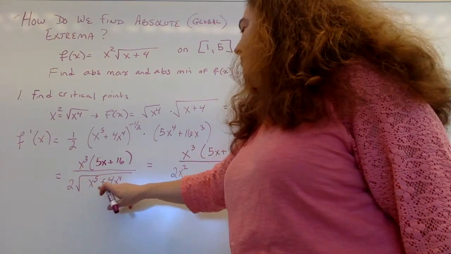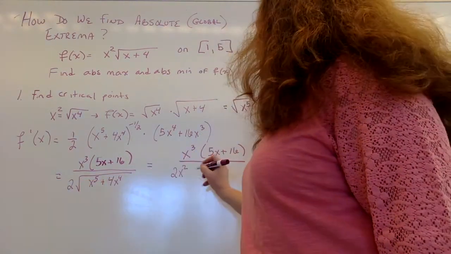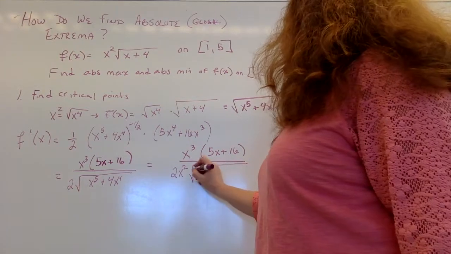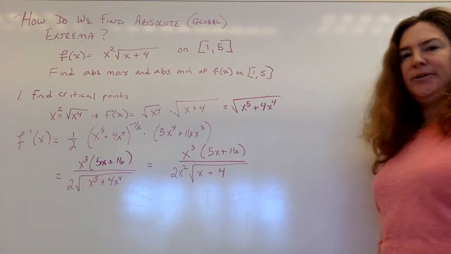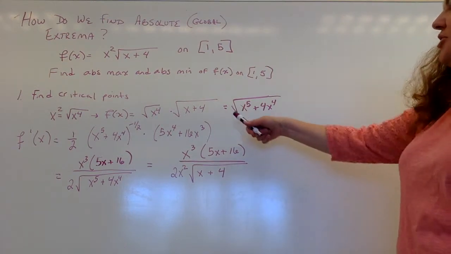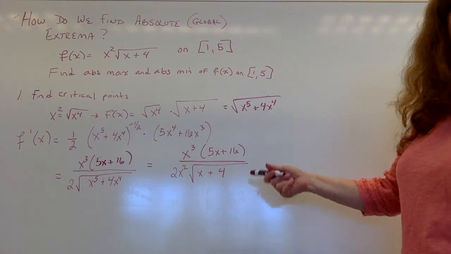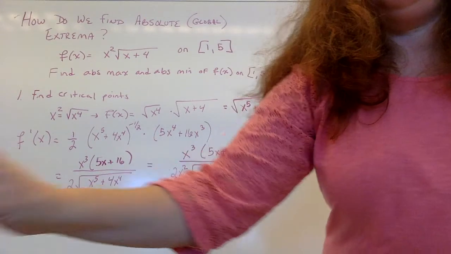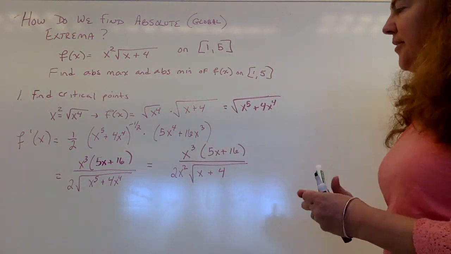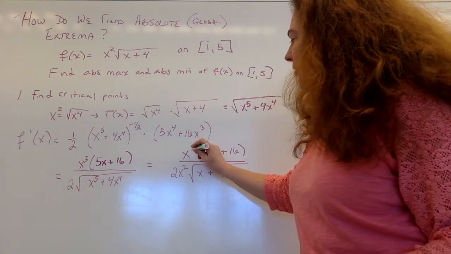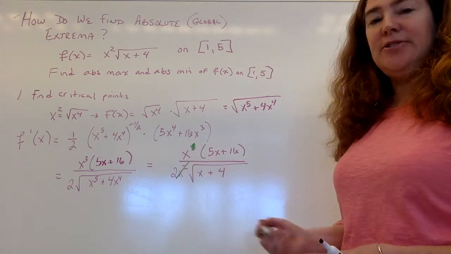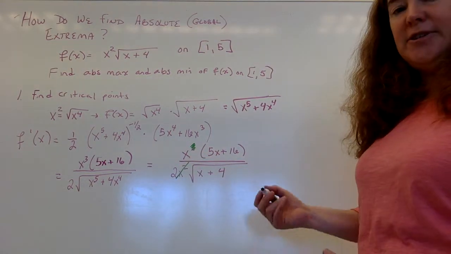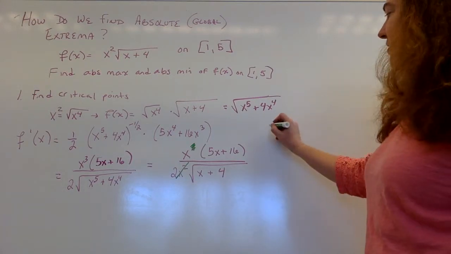I factored an x to the fourth out of here and then took the square root, times the square root of x plus 4. Okay? Again, doing this little trick up here just saved me having to do the product rule, and I didn't feel like doing the product rule. So now I can cross out all these, and I'm left with an x up here and a 2 down here.